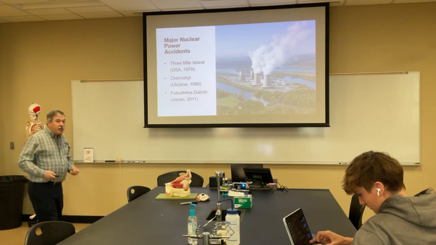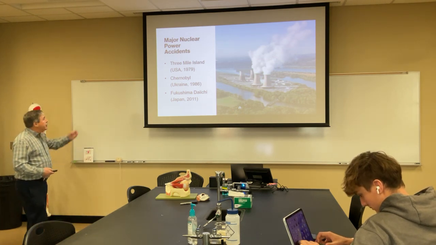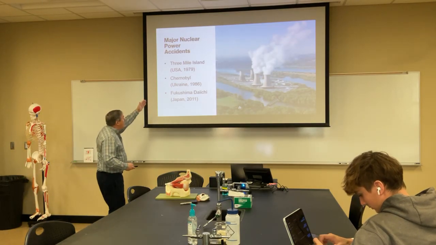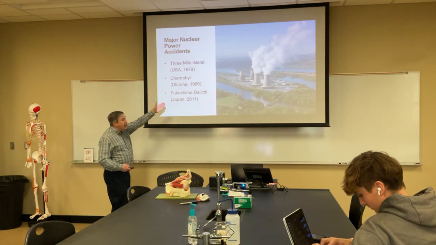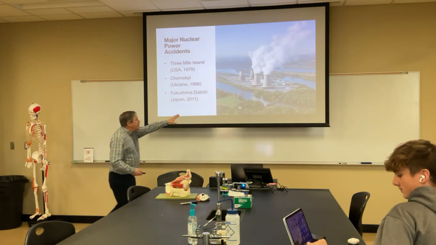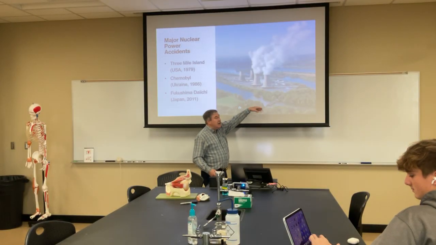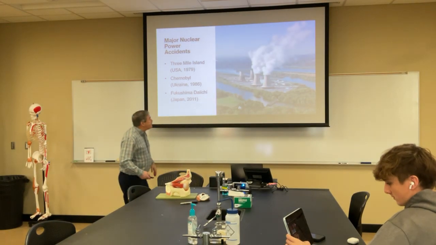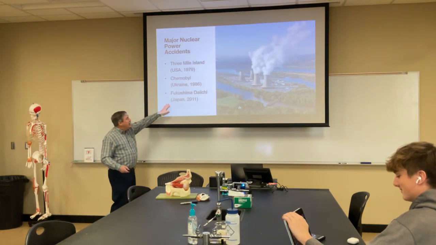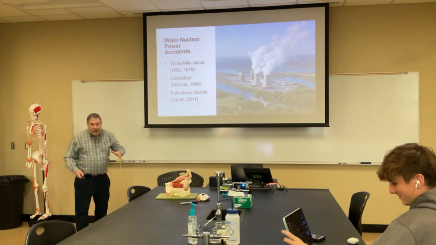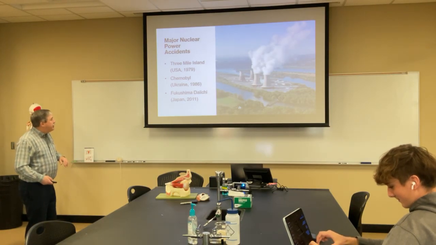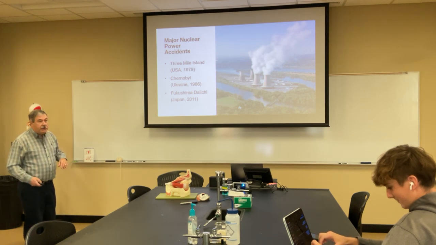There have been 3 major nuclear power plant accidents: one at Three Mile Island in 1979, and one at Chernobyl in present-day Ukraine in 1986. At that time, it was still part of the Soviet Union. This is a picture here, I believe, of Three Mile Island. It's kind of an island in a river. And then more recently, in 2011, due to a tidal wave, there was an accident at the Fukushima power plant in Japan.